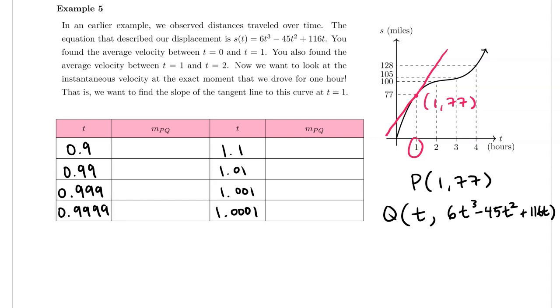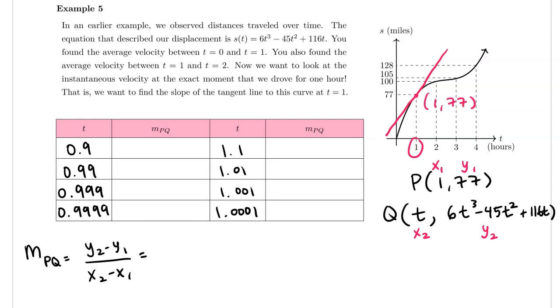So again, I'm going to call this y2, this x2, this one x1, and this one y1. In general, if I want to come up with a formula for the slope of the secant line, I can do y2 minus y1 over x2 minus x1.